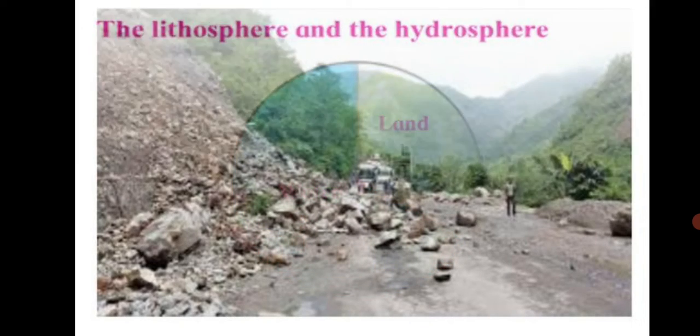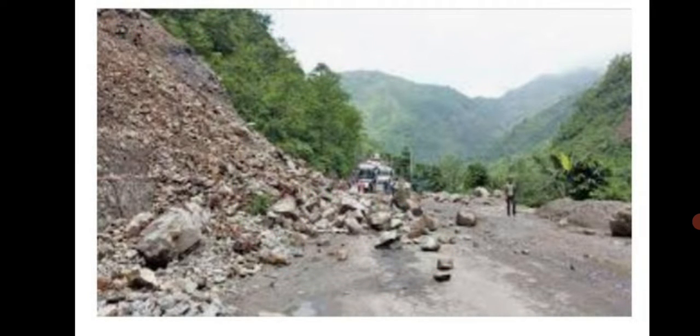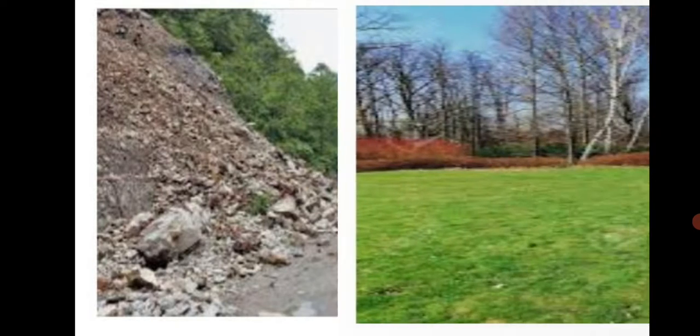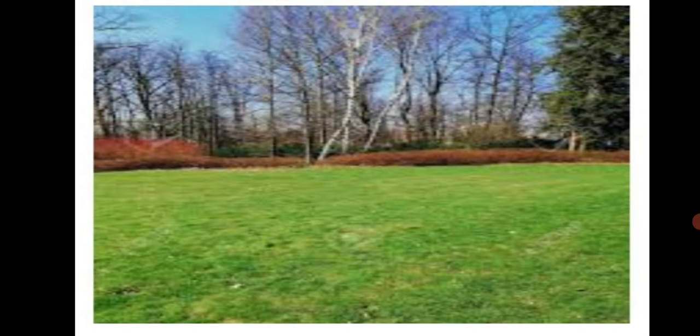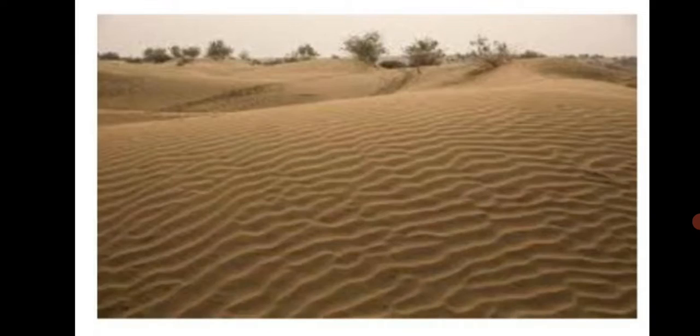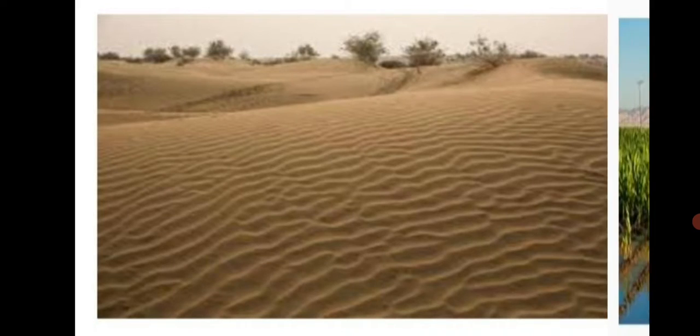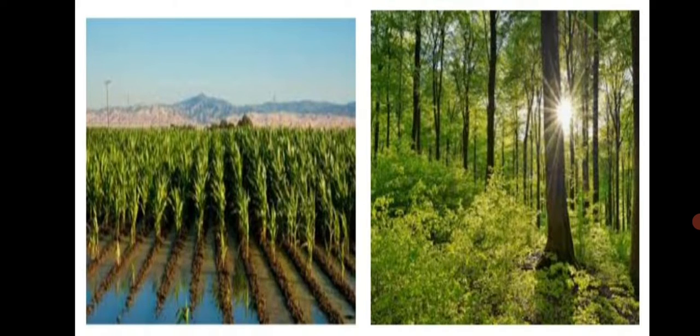When we travel in hilly regions, we see layers of soil and rock along road cuts. We see grassy expanses of land in some places and only sand in others. The land is covered with crops in some places and with forest in other places.